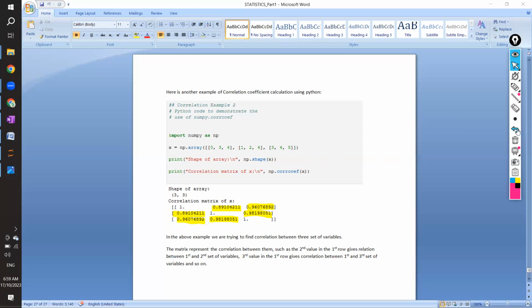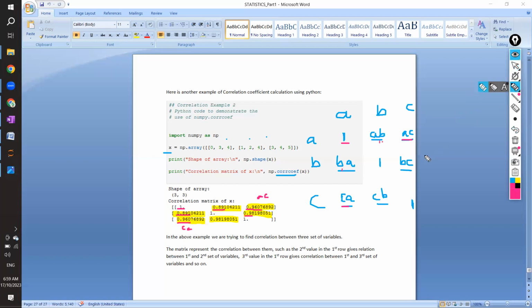Yeah, to help you, I just bring back the diagram. Yeah. C and B, C and B is the strongly correlated. Okay. And the least is A and B. Perfect. Okay.